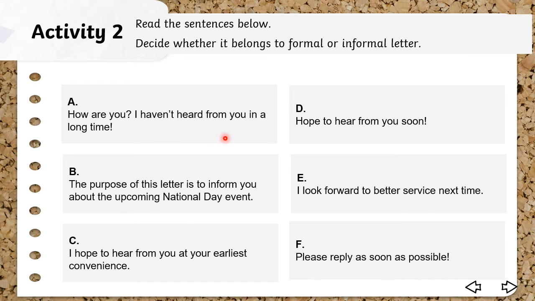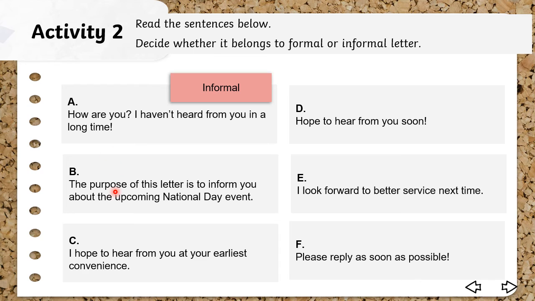Okay, A, how are you? I haven't heard from you in a long time. Now, you can see this is probably an opening of the letter, how are you? And it uses contraction here and a lot of question and a lot of exclamation mark. So, this sounds quite personal, right? So, if it's personal, usually it is for an informal letter.